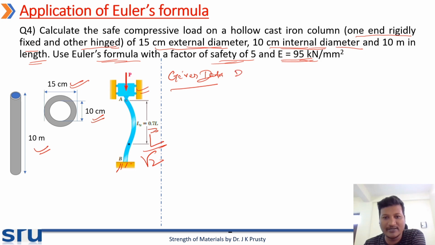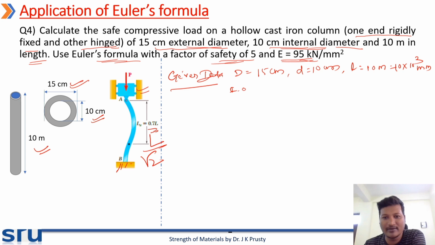Capital D is 15 centimeter, small d is 10 centimeter, your actual length L is 10 meter, 10 into 10 to the 3 mm.